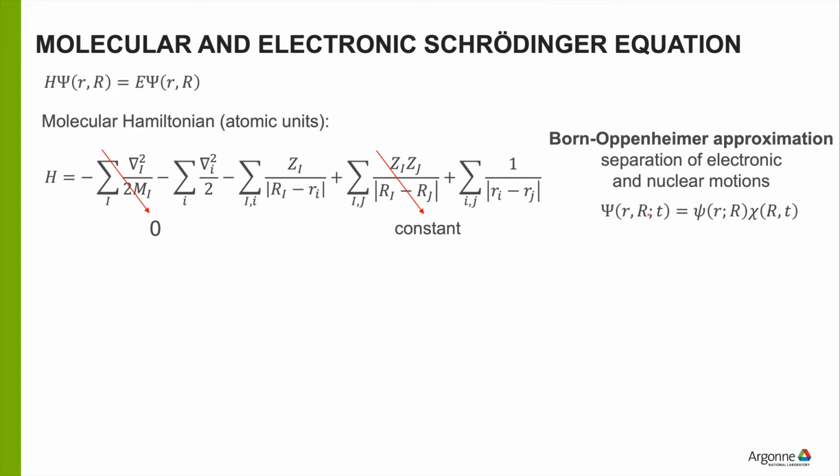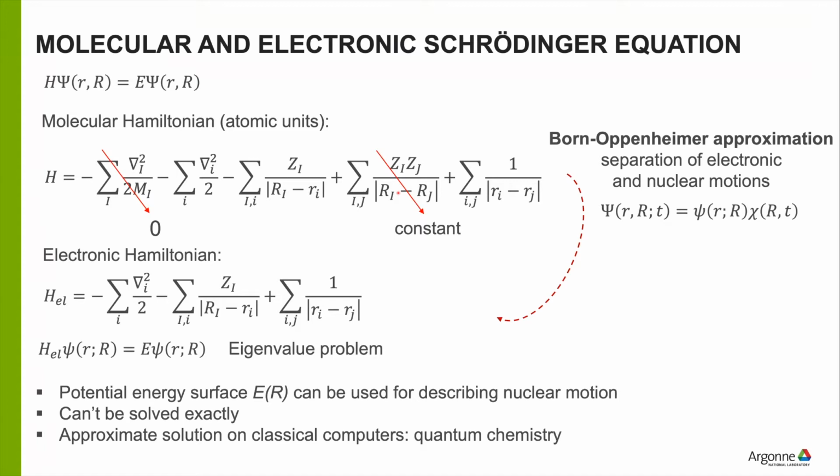That allows us to factorize the molecular wave function into an electronic wave function and a nuclear wave function. Within this approximation, we can neglect the kinetic energy of the nuclei, and the potential energy of the interaction of the nuclei is a constant which can be easily computed and just added in the end.